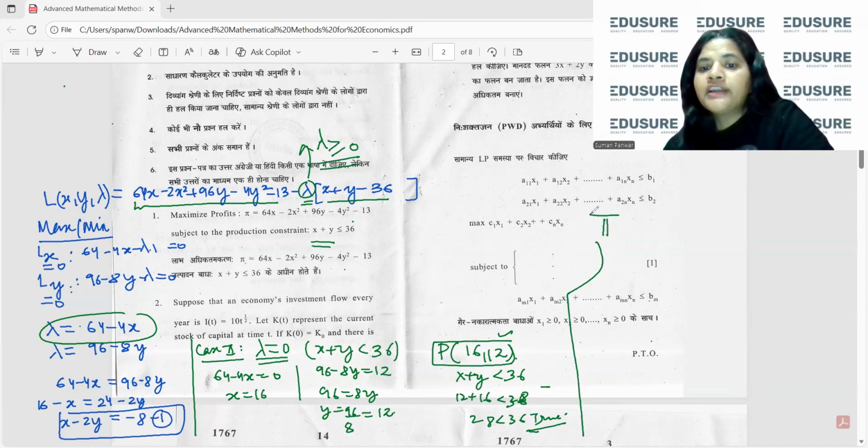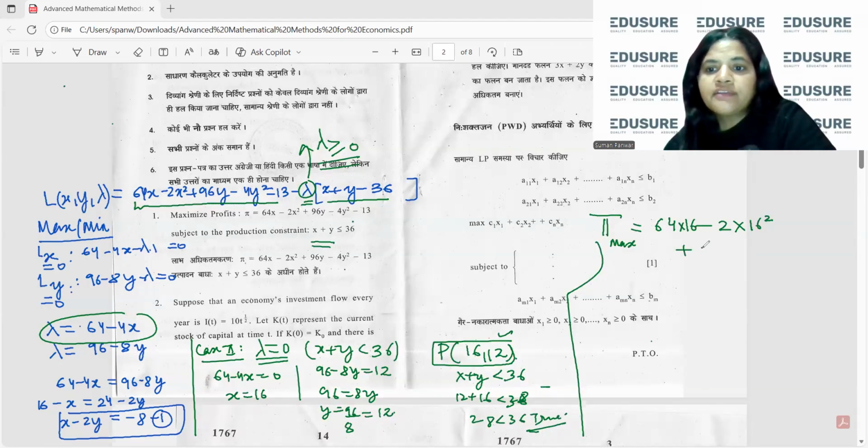So let us calculate pi max. Pi max will be 64 into 16 minus 2 into 16 square plus 96 into 12 minus 4 into 12 square minus 13.